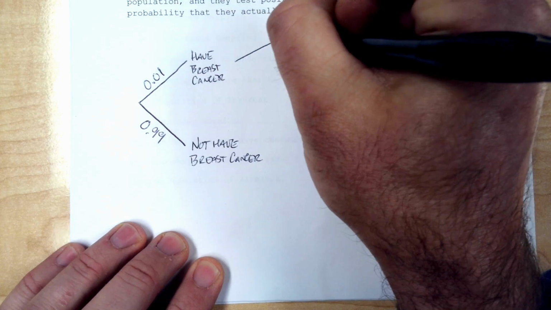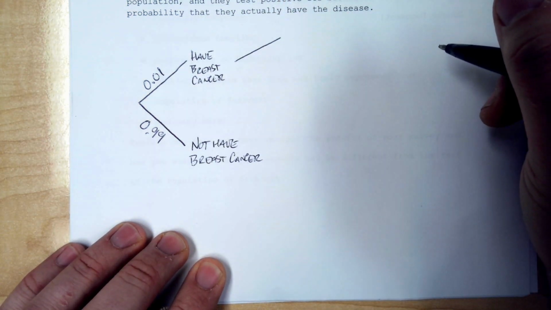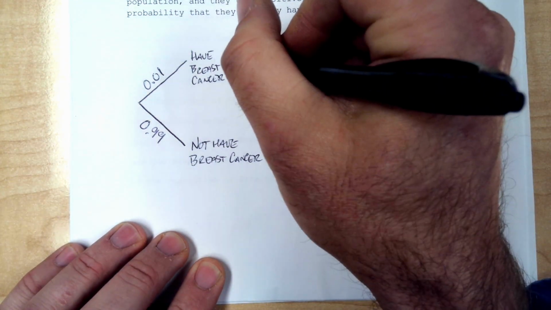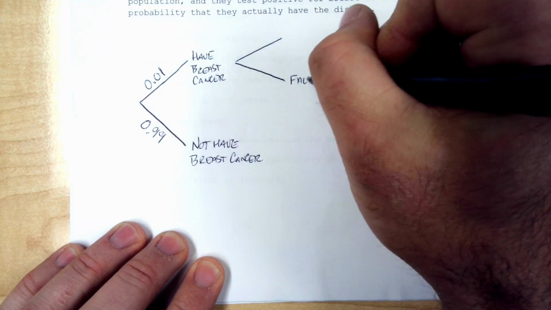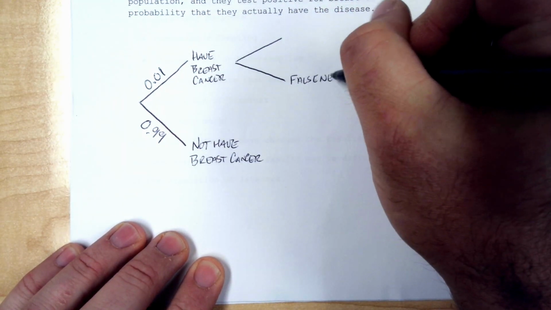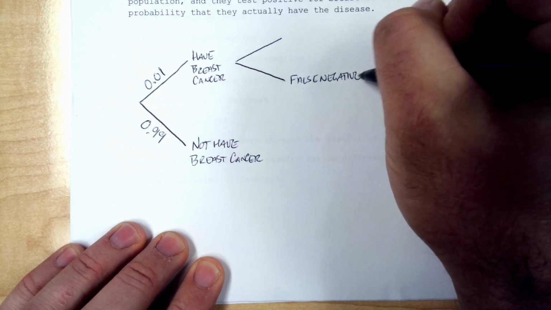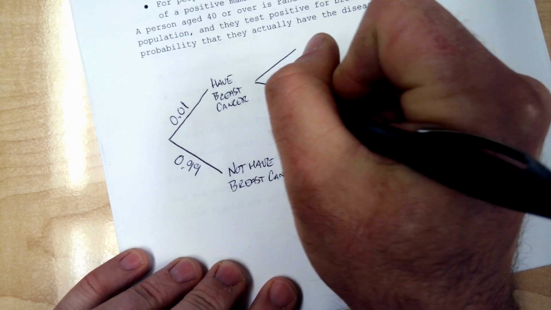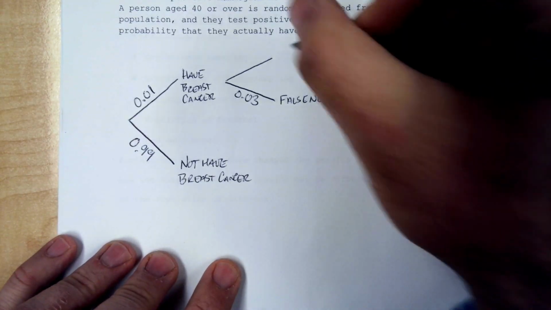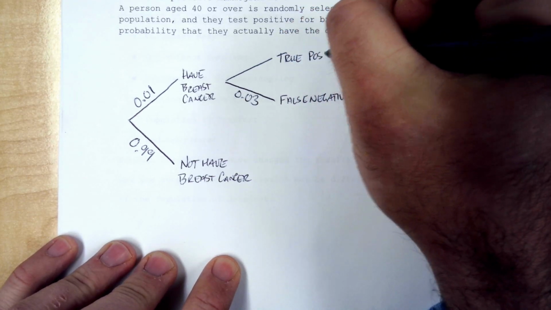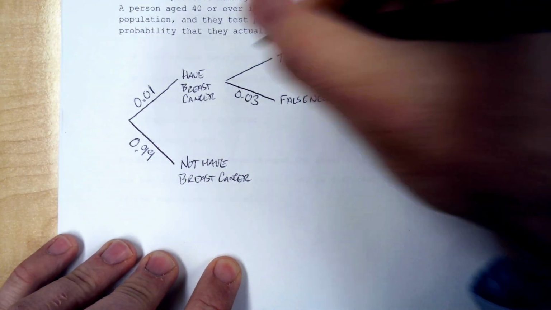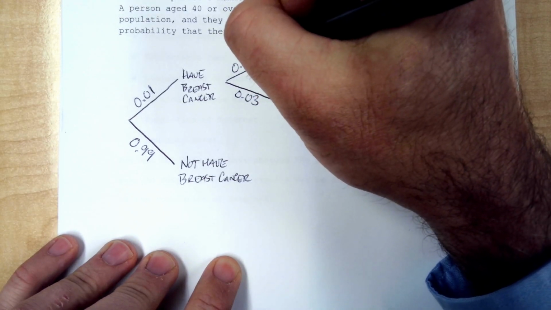Of those who have breast cancer, the probability of a negative mammogram, again, that would be a false negative, is 0.03, 3%, which means that a true positive is the other 97%.